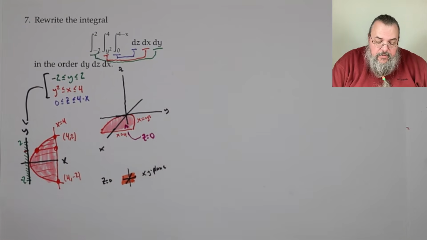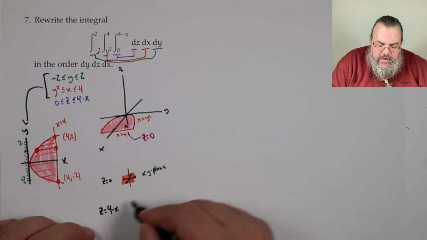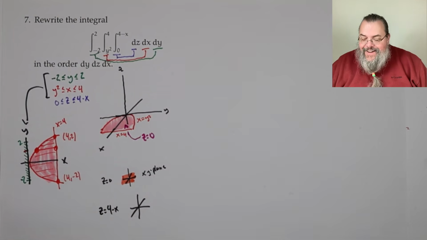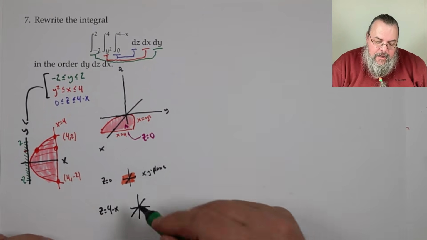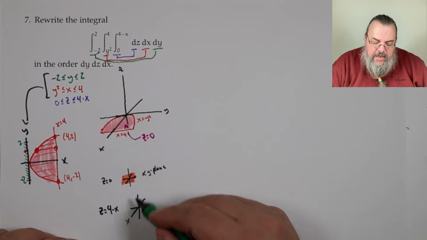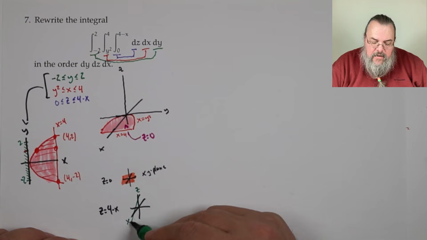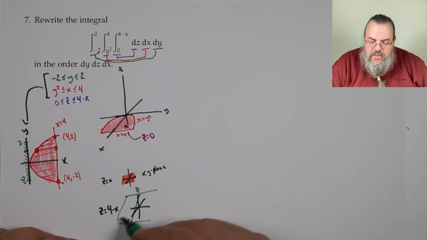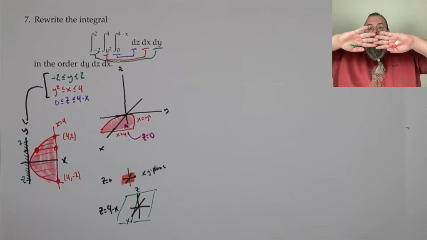Now, for z equals 4 minus x, you might say, wait a second, how is that three-dimensional? You're missing the y. Ah, good catch. Well, what's going to happen is the following. Imagine you're here in the xz plane. 4 minus x does look like a line, but now you copy it in the y direction. So it's a plane, but now you sort of tilt it up.